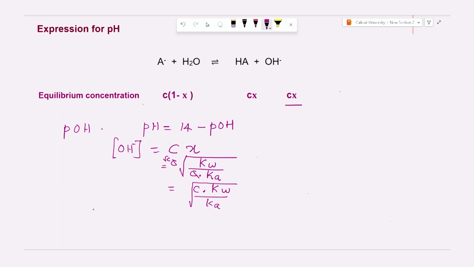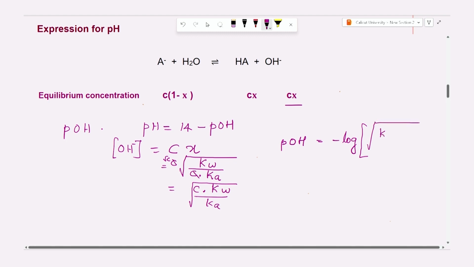Taking negative logarithms, I can put this as pOH, that is negative logarithm of OH minus, equal to negative logarithm of, putting the whole thing in the bracket because it comes under the square root, Kw into C divided by Ka.